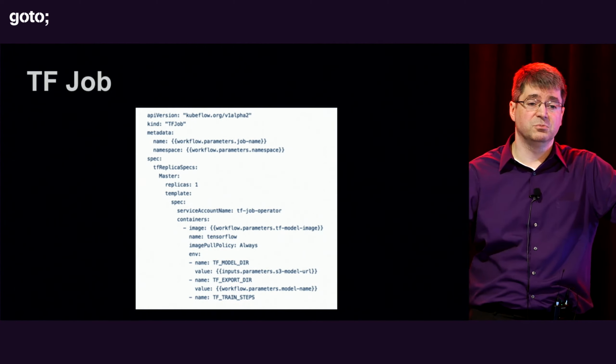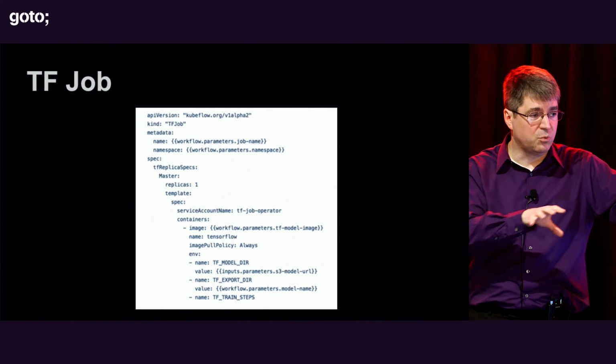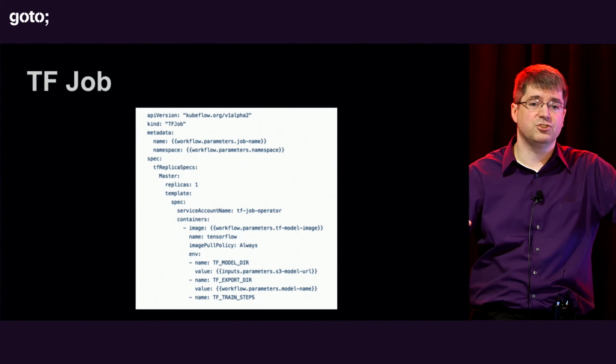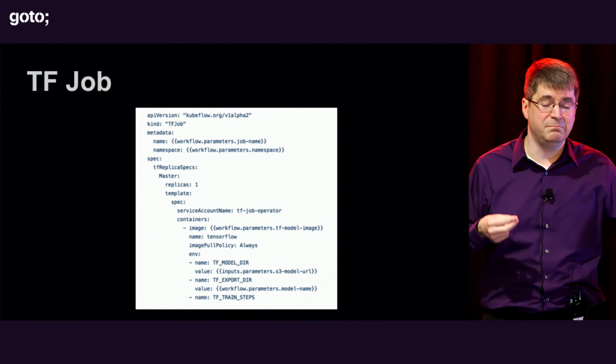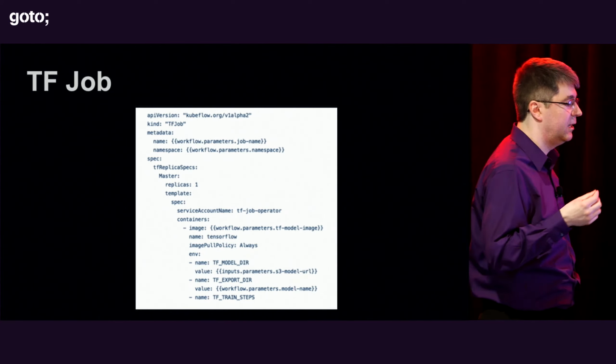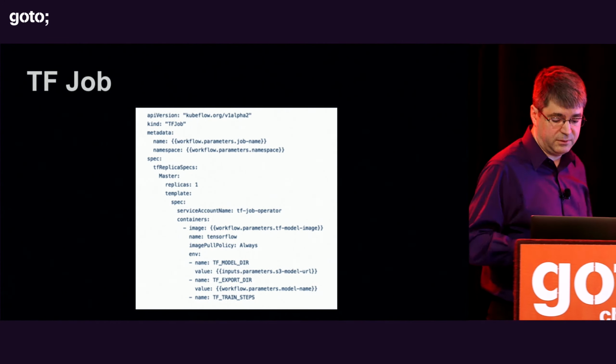So as things move around, TF job is watching their network location and making sure that information gets propagated. So TF job is in many ways the core enabling function of Kubeflow.